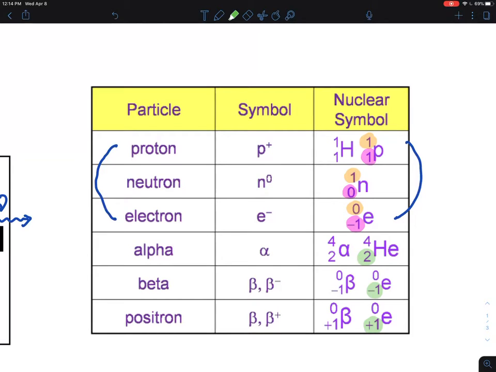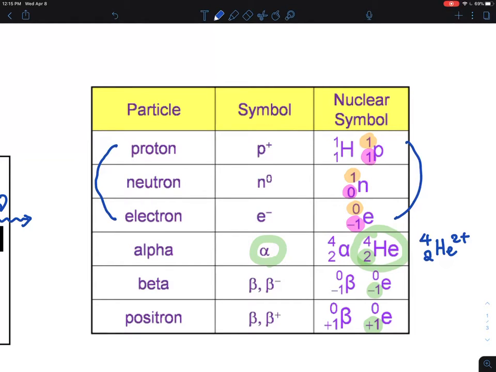Okay, so let's see, where am I? All right, so when you say alpha, that's really helium, okay? And like I said, also remember helium has a +2 charge, total mass 4, atomic number 2. So that's actually a positively charged alpha particle.